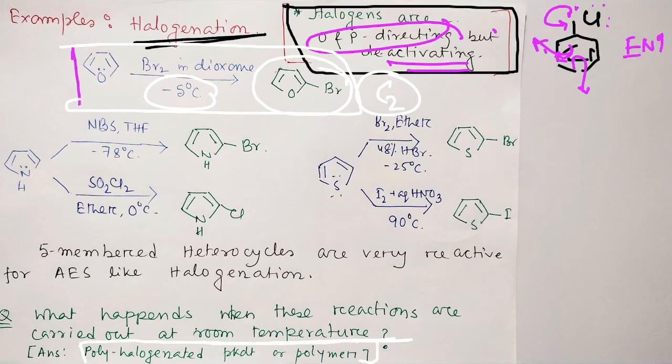Because these heterocyclic nuclei are so reactive. Additionally, if you consider thiophene, a polyhalogenated product of that kind will be produced. Now look a little carefully: halogens are not only withdrawing, they are also oxidizing in nature. Halogens are oxidizing, meaning they have 7 electrons in their outermost valence shell.